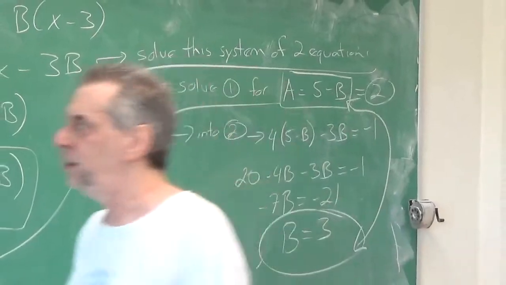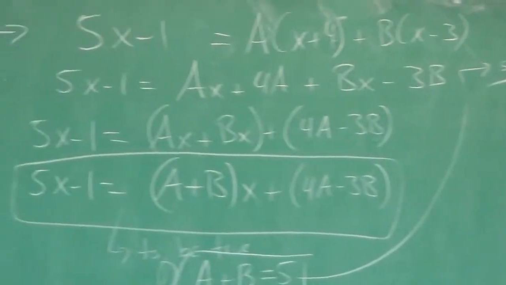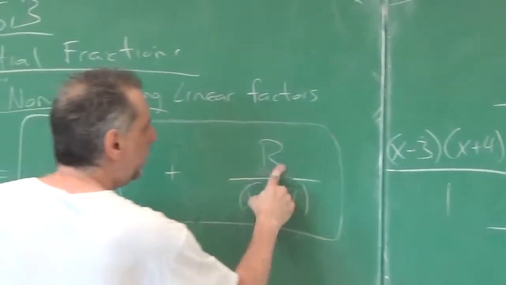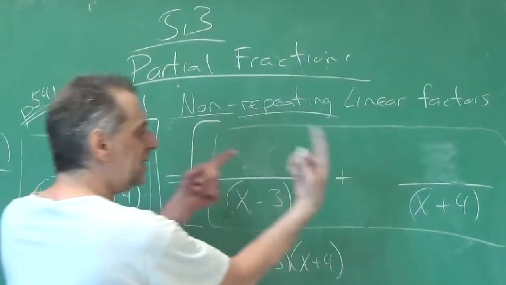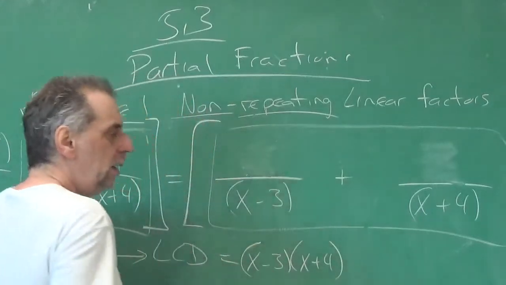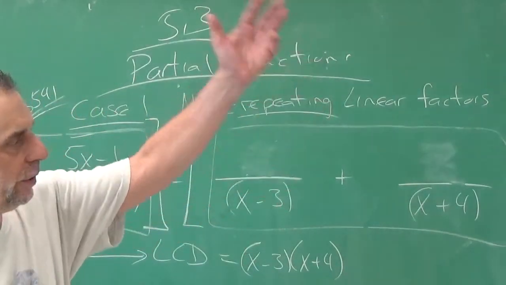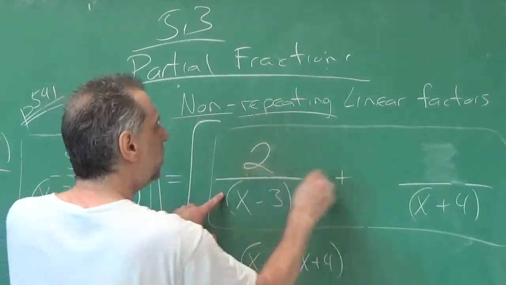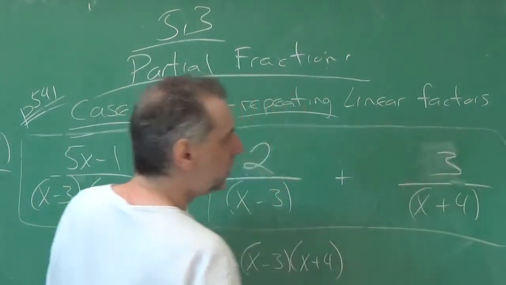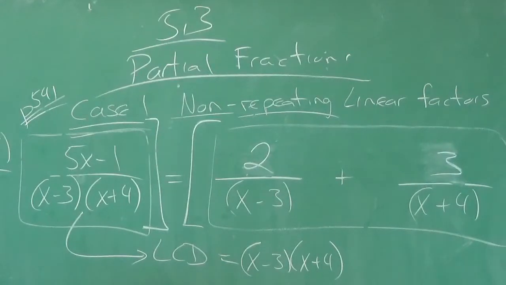So your answer is this part here, plugging in the correct A and B. And once again, you'll be asked to decompose it using partial fraction decomposition. You go through this, and your answer is the A value we said was 2, and the B value was 3. Good times.